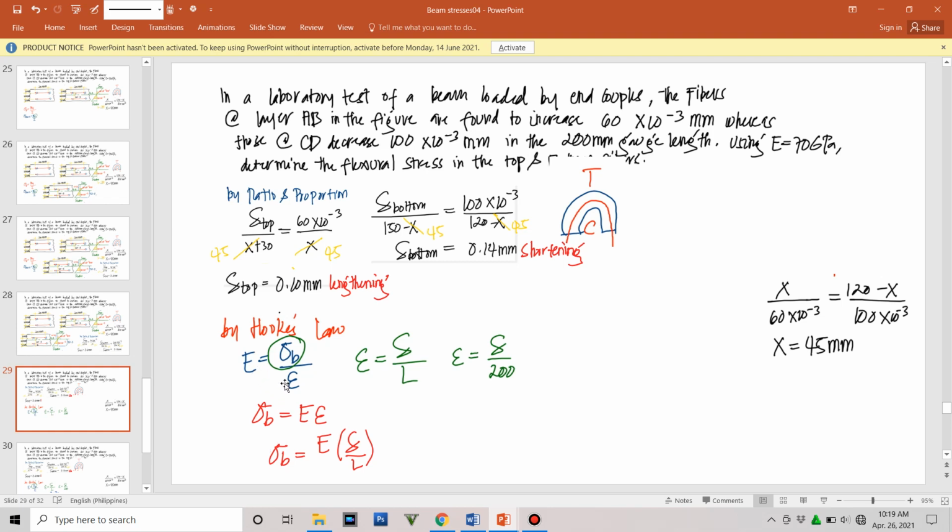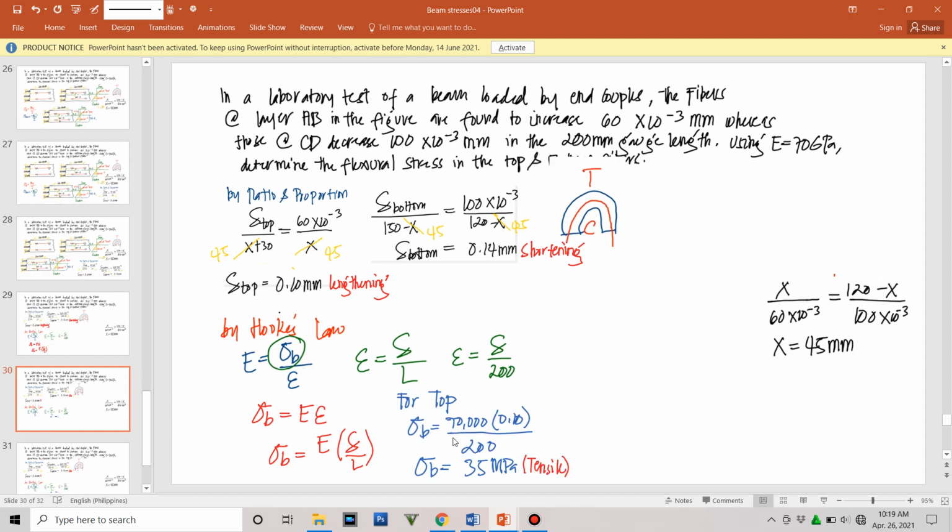So, by cross multiplication, we have bending stress is equal to E times strain, or the modulus of elasticity times strain, and then strain would be expanded to delta all over L. So, therefore, bending stress is equal to E times delta all over L. So this will now be the key formula for us to derive the flexural stress in top and bottom fibers. Okay, so in the top and bottom fibers.